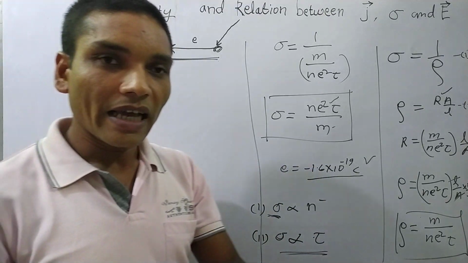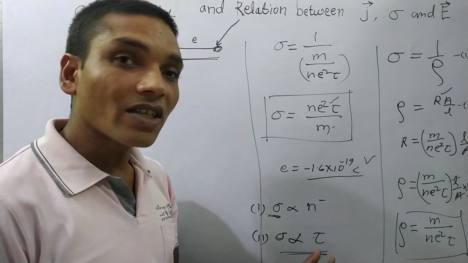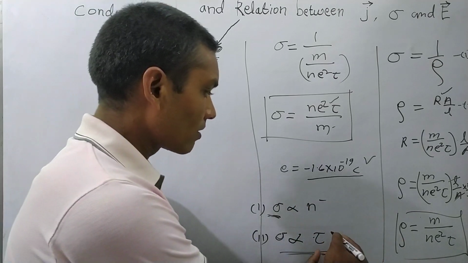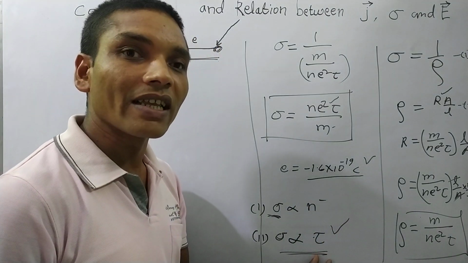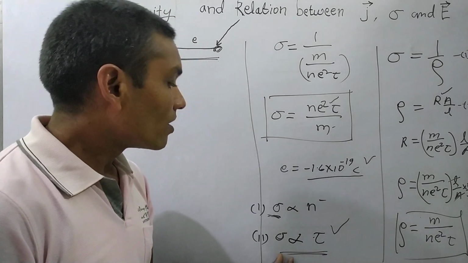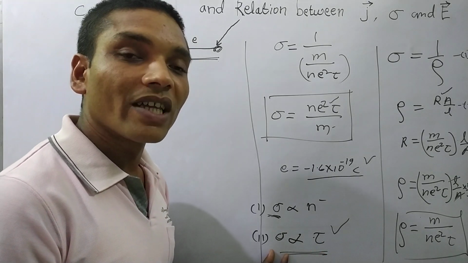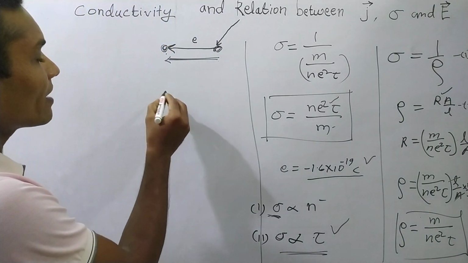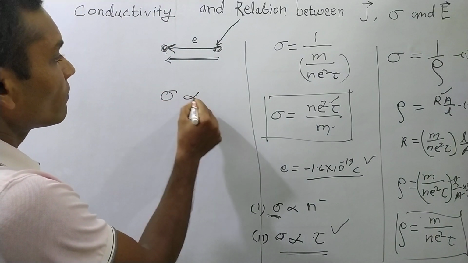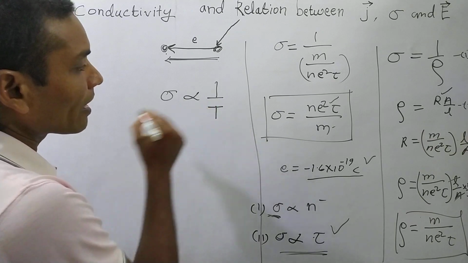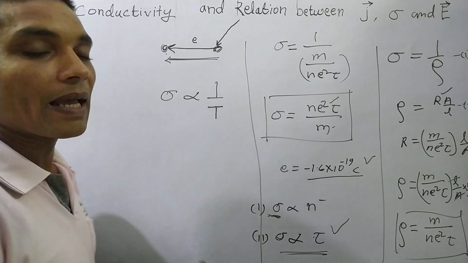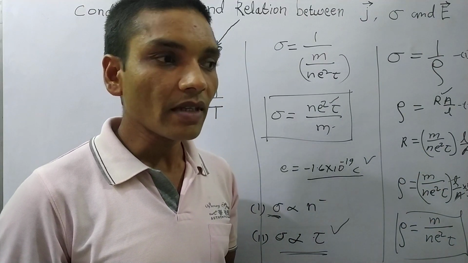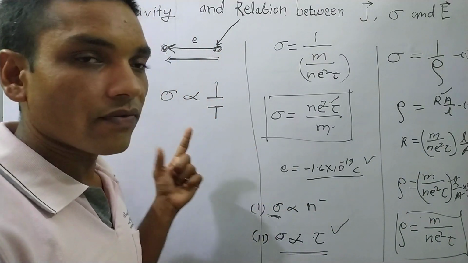Again I repeat, when temperature is increased, the relaxation time will decrease, and then the conductivity of that conductor decreases. So we can say here that sigma is inversely proportional to the temperature of that conductor. Okay, now this is finished.